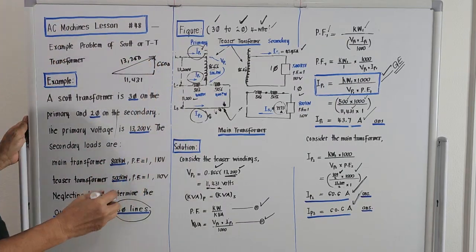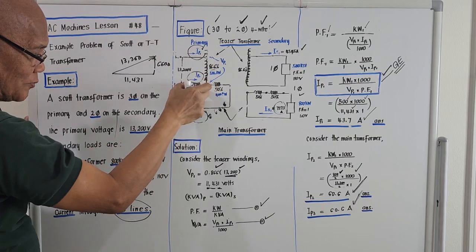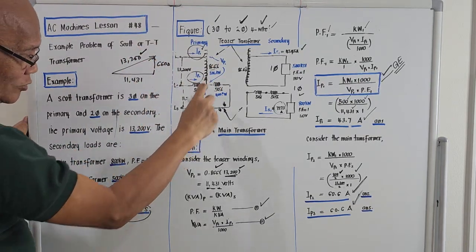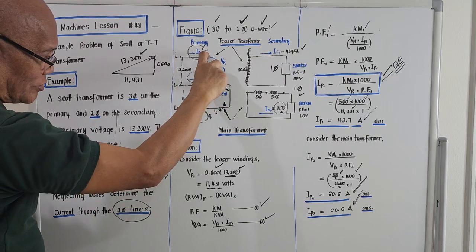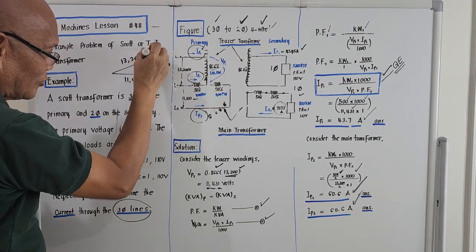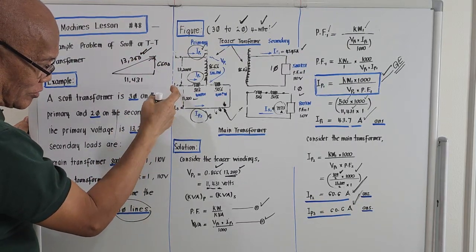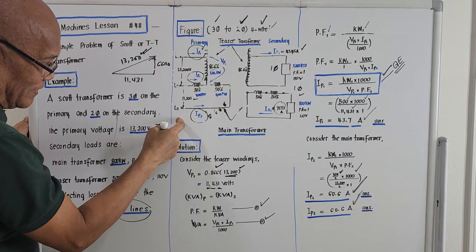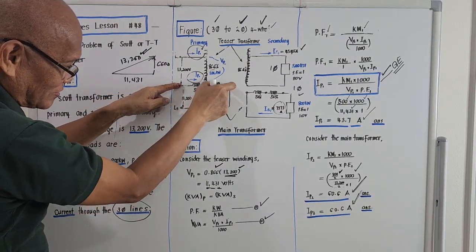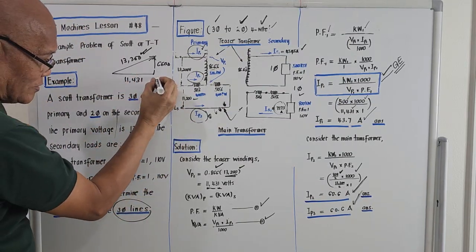The voltage across this 86.6% winding plus 50% is 13,200 volts. And again, if we compute for the voltage across this 86.6% and 50%, it will still be 13,200 volts. And the voltage across line number 2 and number 3 is 13,200, with this being 6,600 and 6,600. So it's a balanced 3-phase.